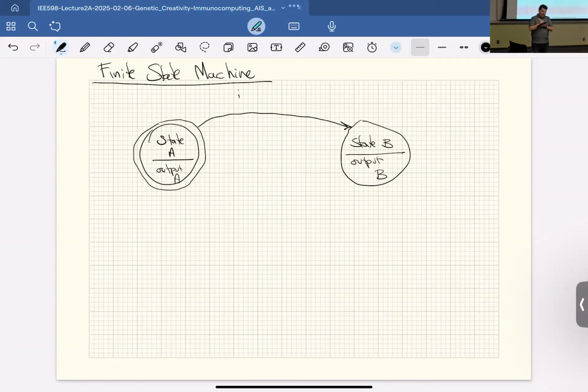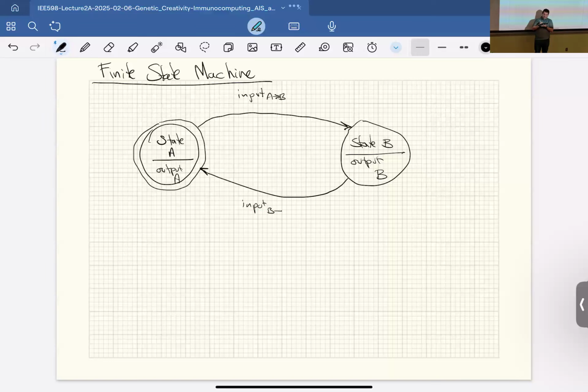In order to move it from A to B, there's some input we define such that if you receive that input while you're in state A, it brings you to state B. Likewise, while you're in state B, we can define certain inputs that bring you to state A, and then we can have self loops.